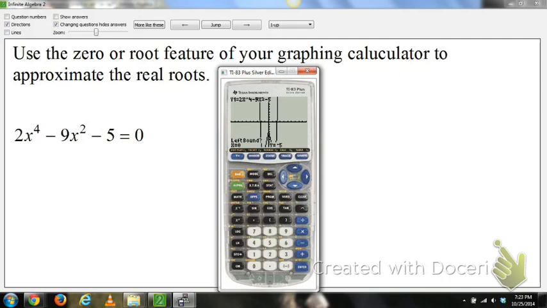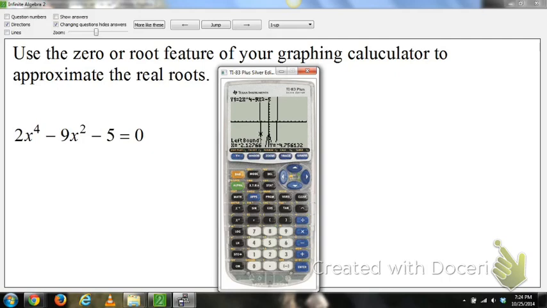Now what that means is the following. Let's say the first 0 I want to get is this one here to the left. If I want to get the left bound of that, I need to move the crosshairs to the left of that coordinate. So I'm going to click the left arrow button, and you'll see the crosshairs are moving to the left, and they may go down off the screen, but they'll eventually appear again.